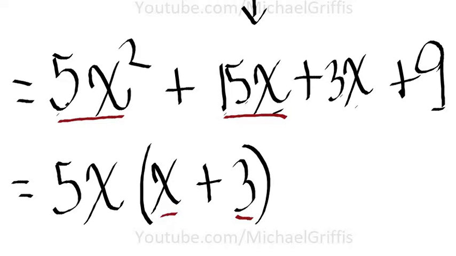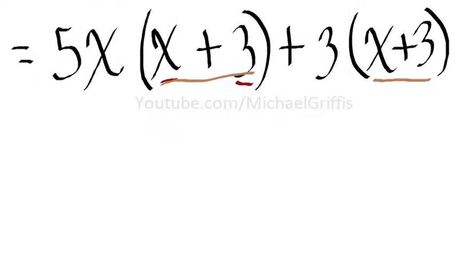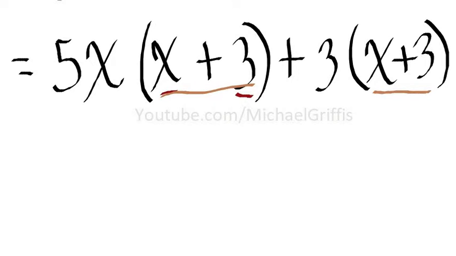Okay, so you should be catching on to that by now. Let's pull the 3 out of the hat. And it reveals an x plus 3. So what's going on here? We have an x plus 3 and an x plus 3. So we can go ahead now and factor out that x plus 3.